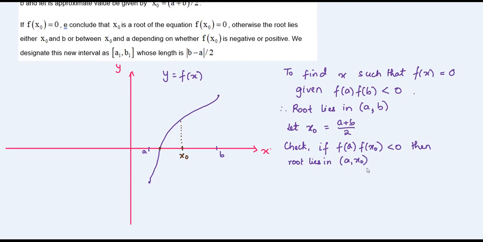All right, this becomes our new interval. Therefore the new interval is a comma x naught.